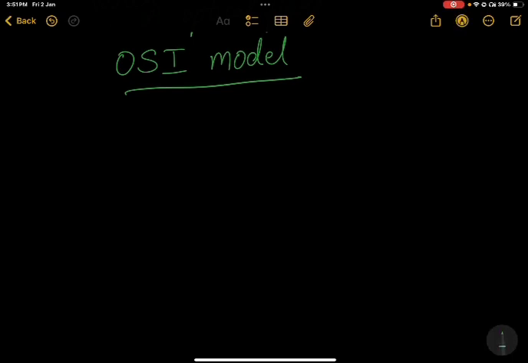The OSI model is a seven layered reference model that explains how data travels from one computer to another over a network. Each layer has a specific role, and together they make communication organized and reliable.